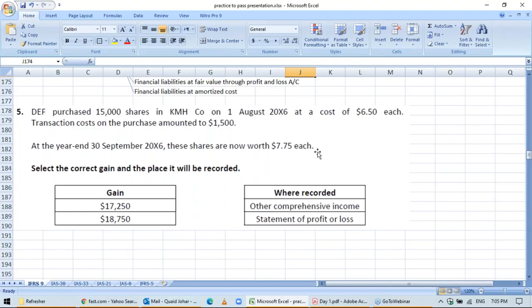Where will the gain be recognized, and what is the correct gain amount? Which one is correct out of these two? So let's calculate the gain first.